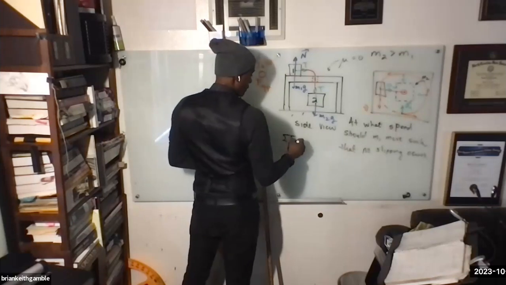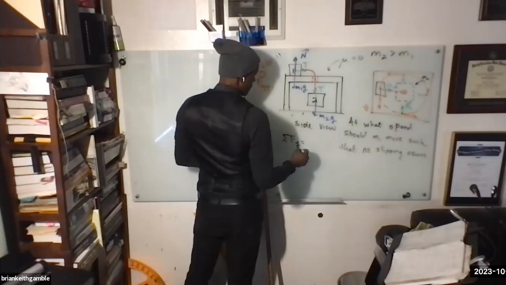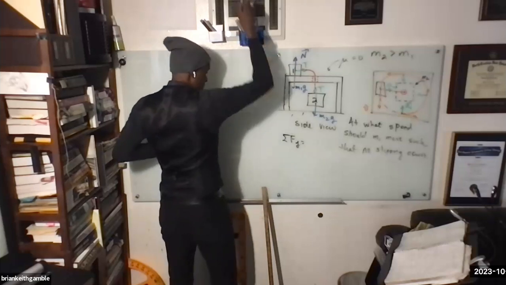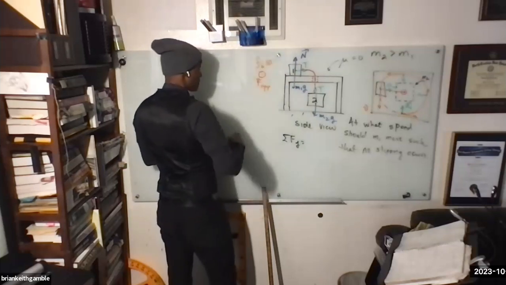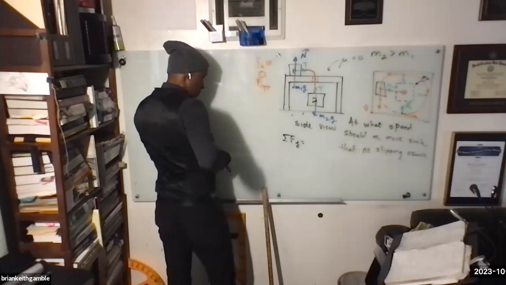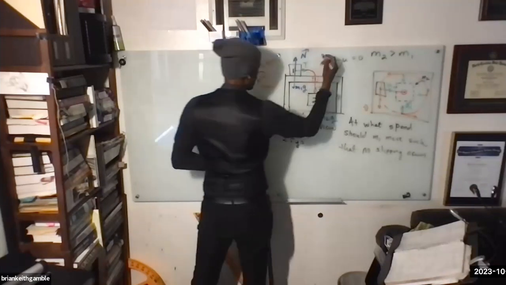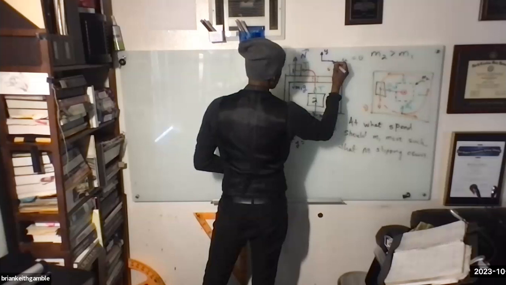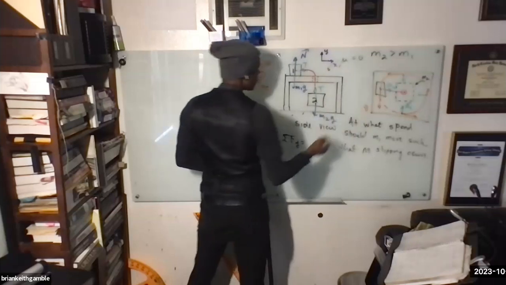Also Y direction, and I guess I'm superimposing an axis like this. So Y up is the Y axis, and to the right is the X axis. All right.